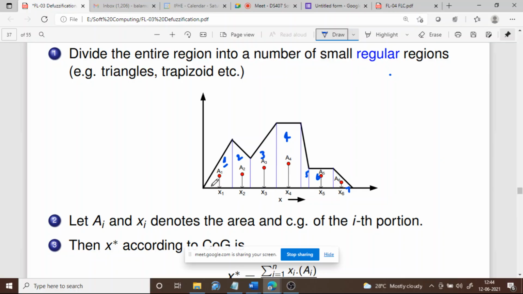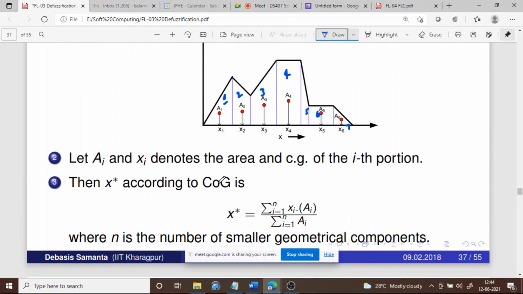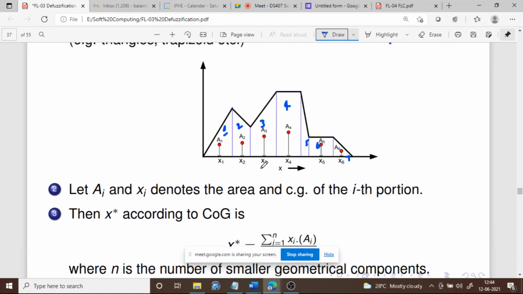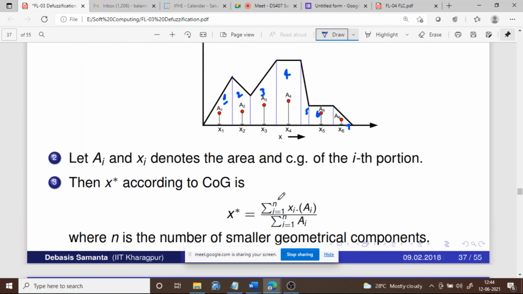After finding the area of all the parts, according to COG, if these are discrete values, you can perform the summation of xi into ai, where xi is the centroid point.